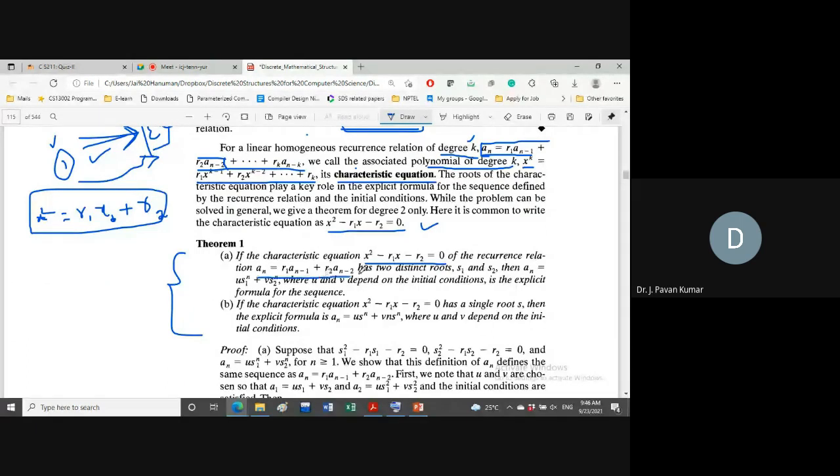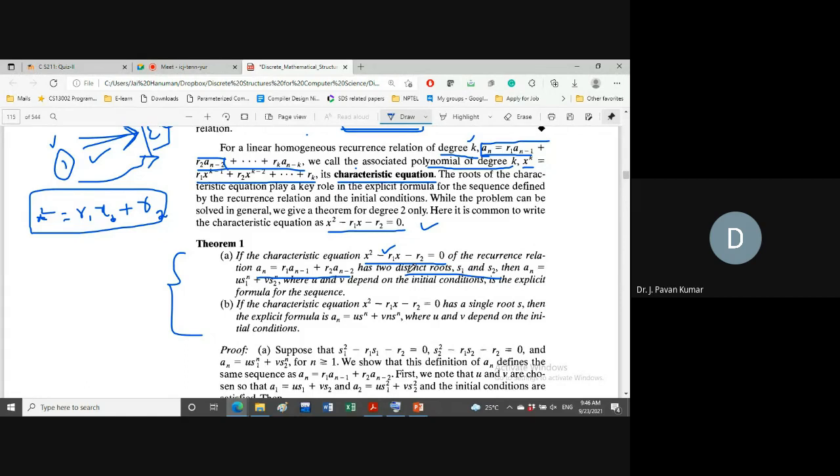Now, if this characteristic equation has two distinct roots, we can have s1 and s2 as the two roots, and s1 is not equal to s2. That's what we consider as distinct. Understand what I'm saying?